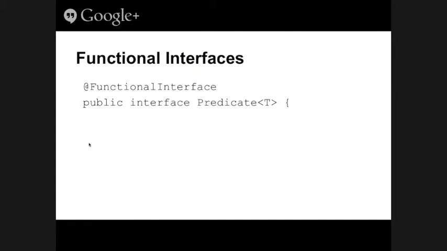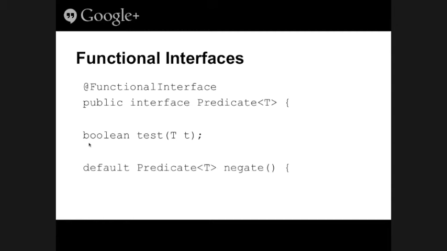So we'll see the Predicate here has test. And it's T, so you don't have to worry about types, it's all taken care of, and it returns a Boolean. It can, however, have another new feature with default methods.